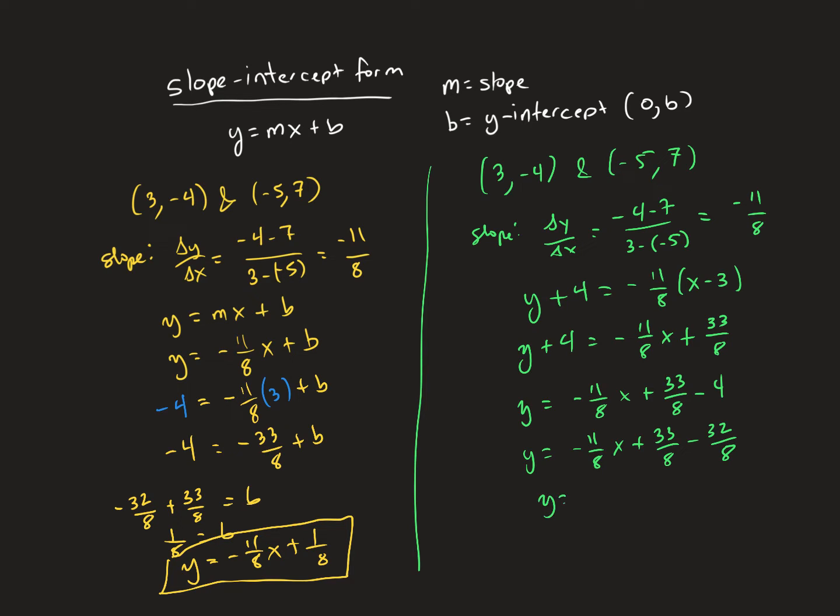And so when you combine those, you get 1/8, which is the same thing we got doing it the other way. So again, if you do it this way, you find the slope, write it in point-slope form, distribute that slope out, move the number over to get y by itself, and then combine like terms, and then that's in slope-intercept form.